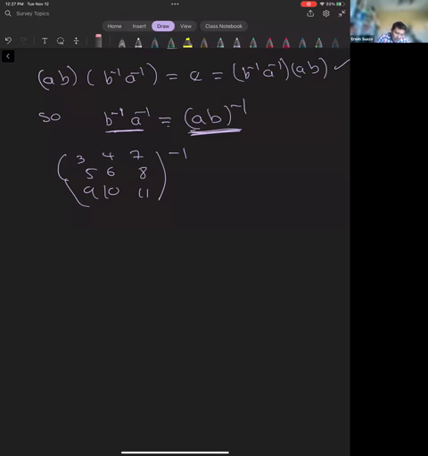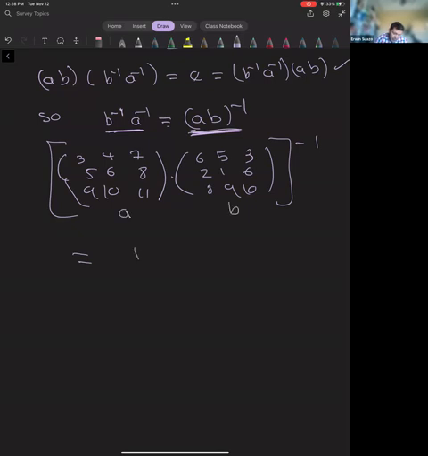So if I had the product, like this one times another matrix, the inverse of this whole thing, this is A, this is B, is going to be B inverse A inverse, if they exist, because it could be that these don't have inverses. So I have to check the determinant and all that. Okay.